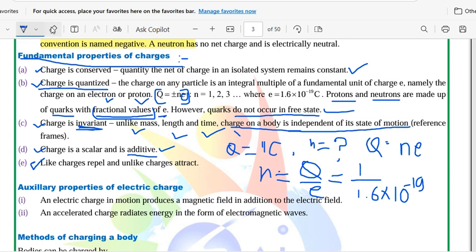see, without a calculator you can also calculate this. How do you calculate it then? See, here one is there, right? Let us consider it as 10. Okay, it is 10, and it will become 16 into 10 to the power of minus 19.